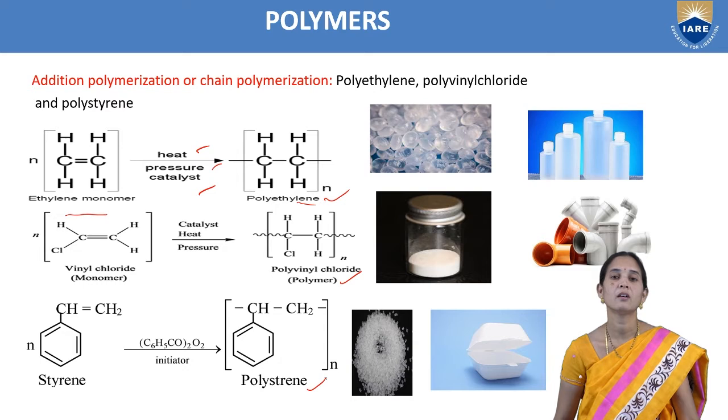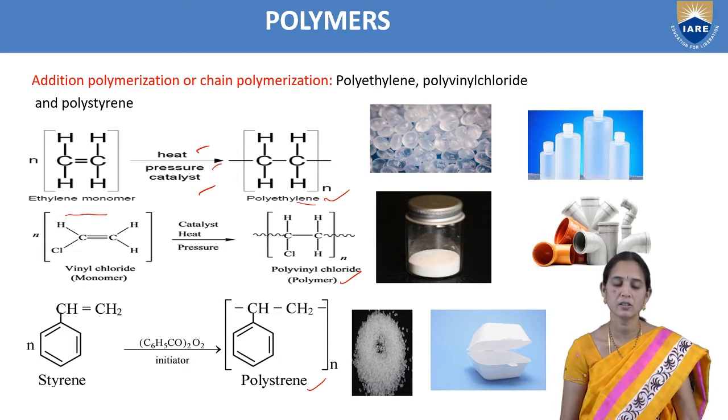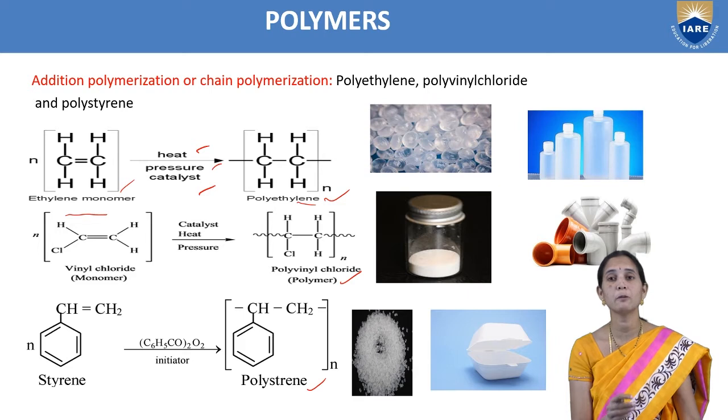All these are homopolymers, because we take a number of ethylene molecules, the same kind of monomers, and prepare polyethylene. Polyvinyl chloride is prepared from a number of vinyl chloride molecules. We prepare polystyrene by taking the same kind of monomers, that is, a number of small styrene molecules.